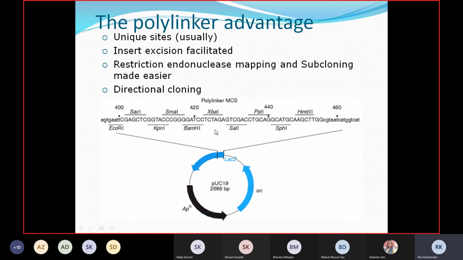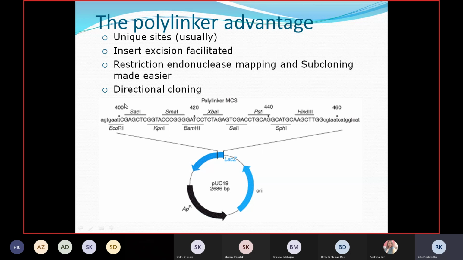Then if I want to excise out my DNA with the same sites or maybe with different ends, even that is a possibility. Let's say I clone my DNA fragment in BamHI and PstI, but now I want to clone it in a vector which has, let's say, SacI and HindIII.